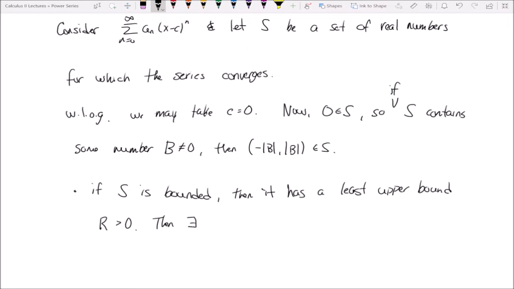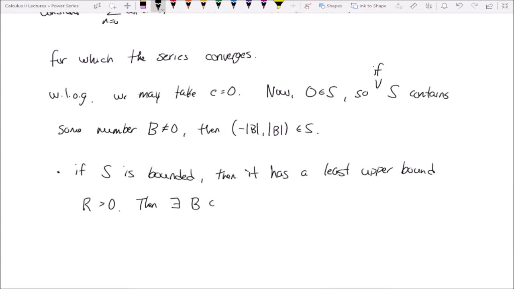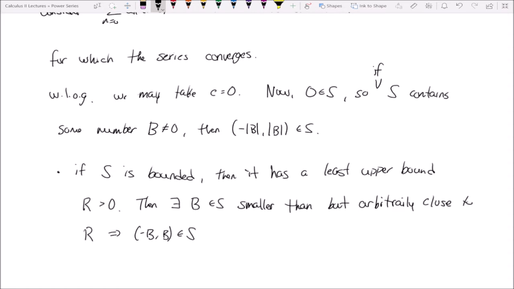Then we have to have numbers b in S smaller than, but arbitrarily close to R. Which means the entire interval negative b to b is in S for all b between 0 and R. It thus follows that the open interval negative R to R is in S.